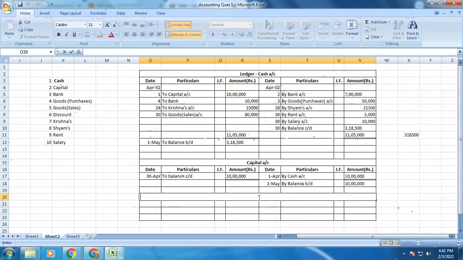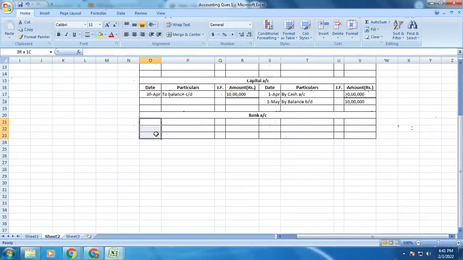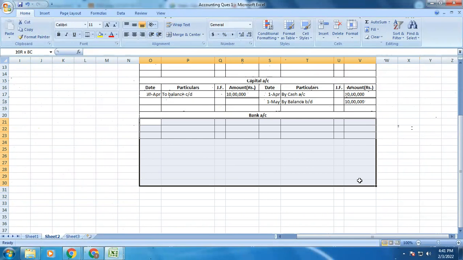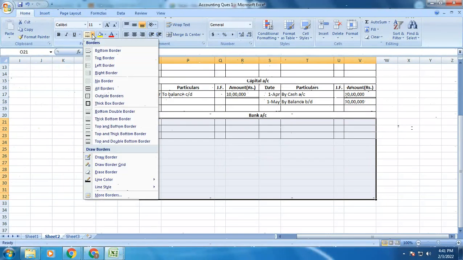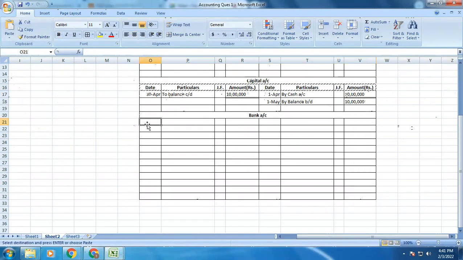And I'll write down here bank account. ओके. अब यहां पर हम बैंक अकाउंट की ट्रांजैक्शंस लिखेंगे. ये हम कॉपी पेस्ट कर लेते हैं फिर से.